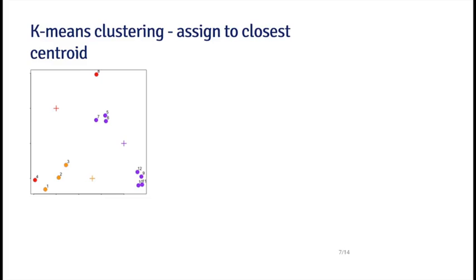Point number 4 down in the lower left also gets assigned to the red cluster. The 3 points 1, 2, and 3 get assigned to the orange plus, so they're in the orange cluster. The rest of the points are closest to the purple plus, so they get assigned to the purple cluster. That's the initial grouping of the points into the 3 different clusters.